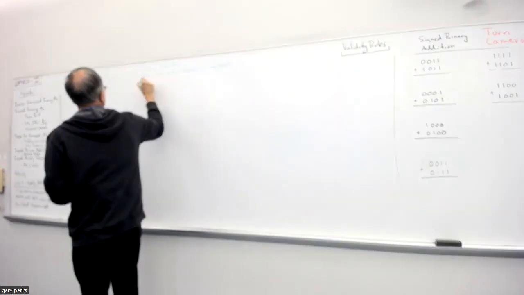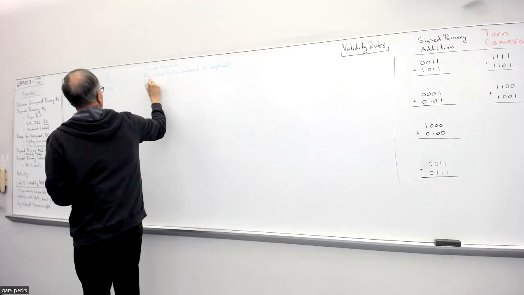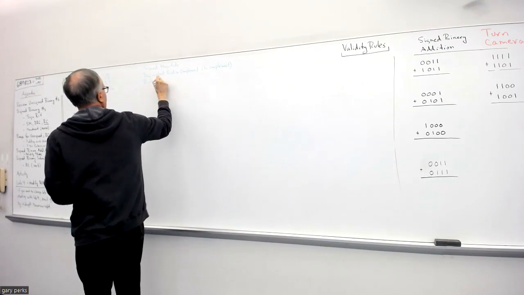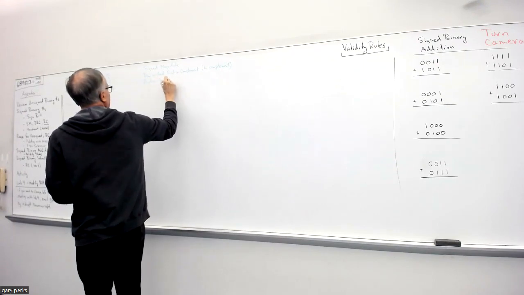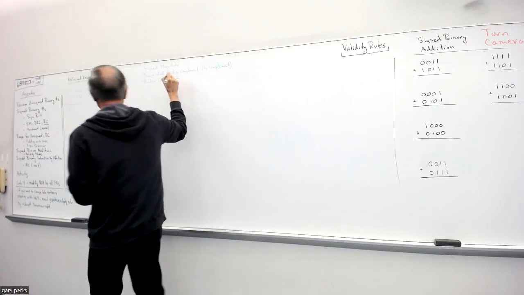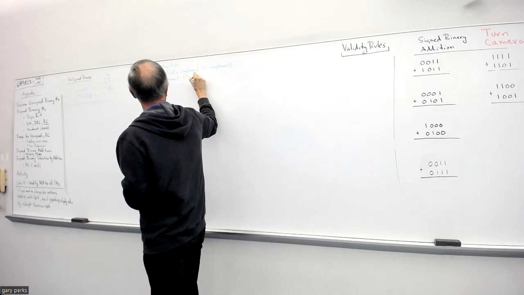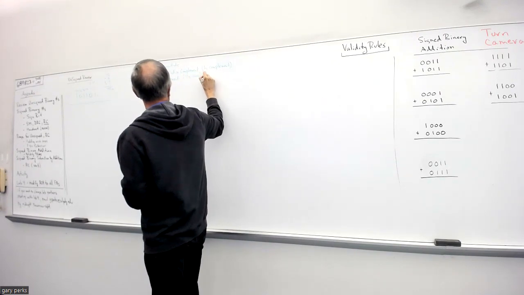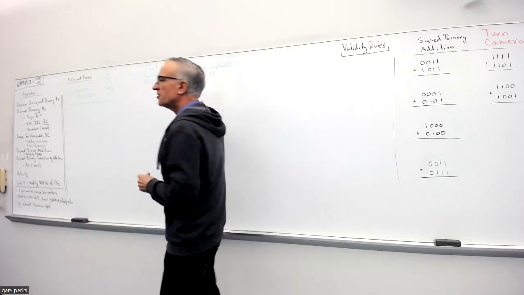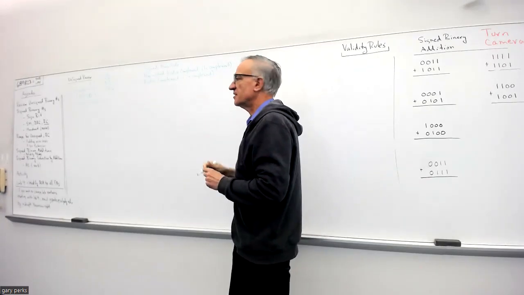And RC stands for radix complement, which is the same as two's complement. You might have heard of one's complement and two's complement in a different class.